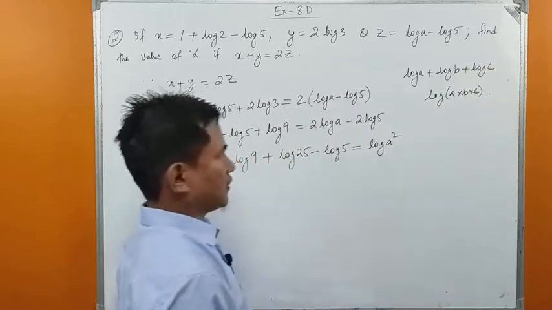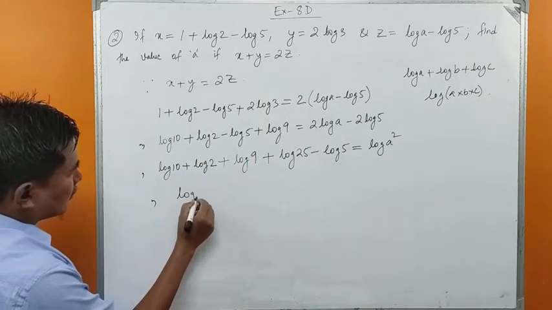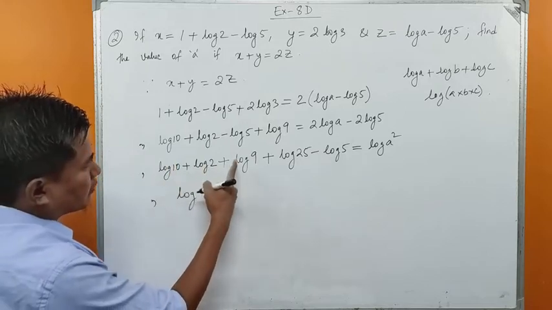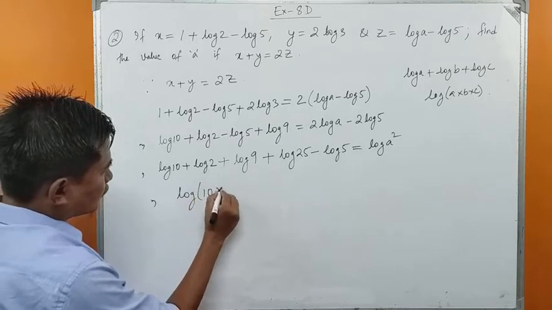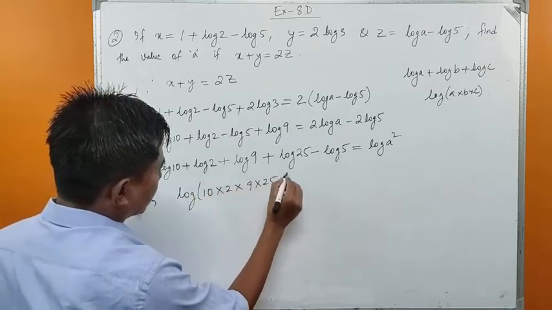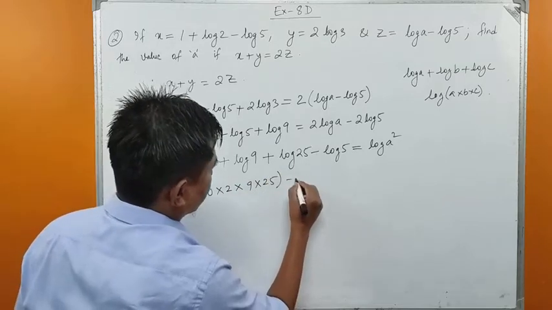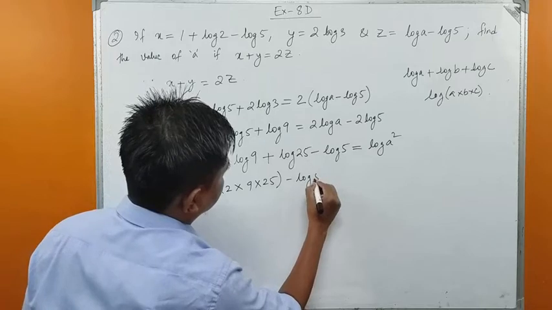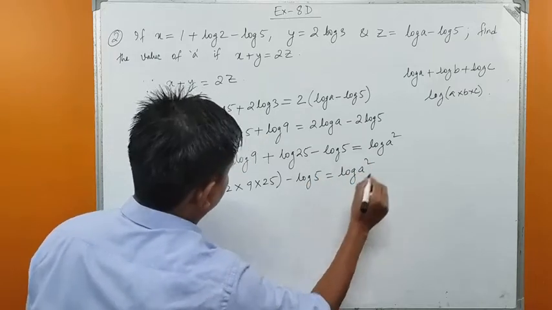In the similar manner, log a plus log b plus log c plus log d means log a into b into c into d, and minus log 5 equals log a squared.